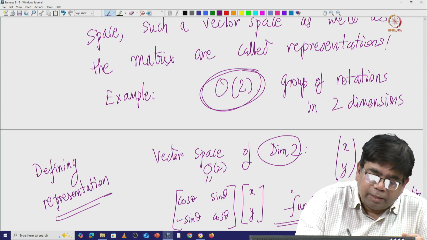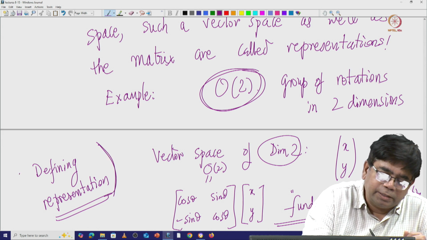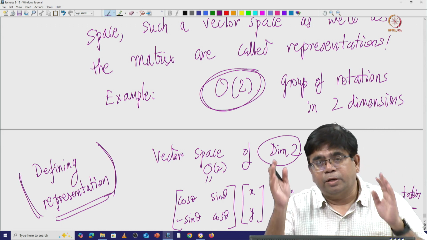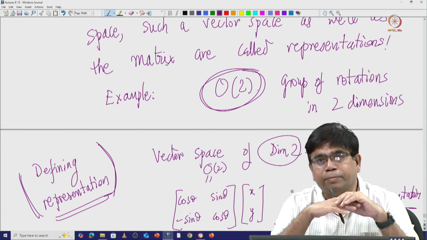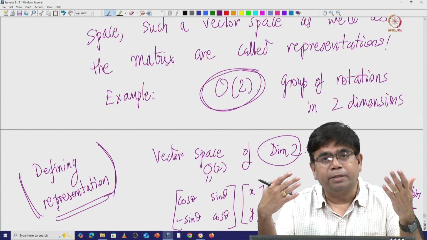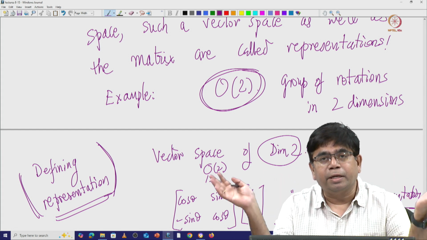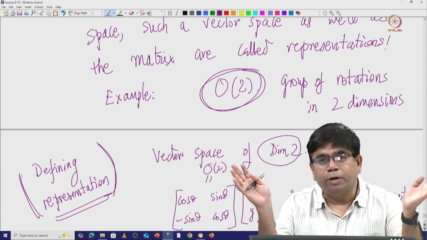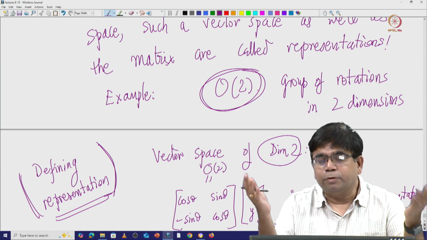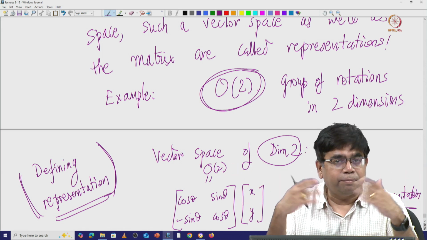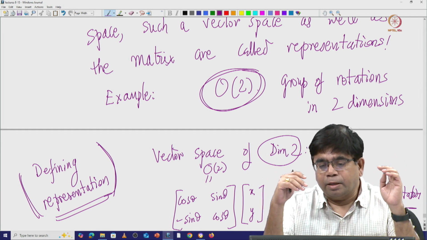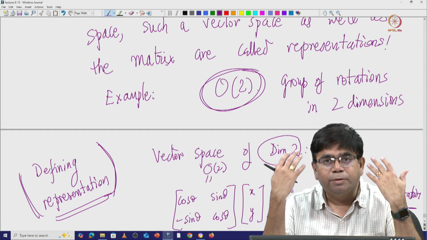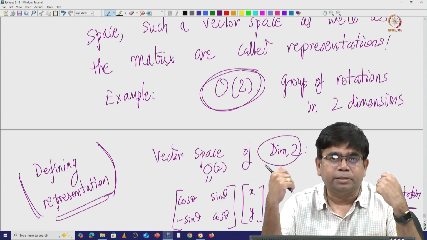Now, the group can be defined without a representation also. For example, you can take an abstract group of 4 elements, apply all the group axioms without any representation, and work it out. But for continuous groups, it helps to define it in terms of a representation essentially.